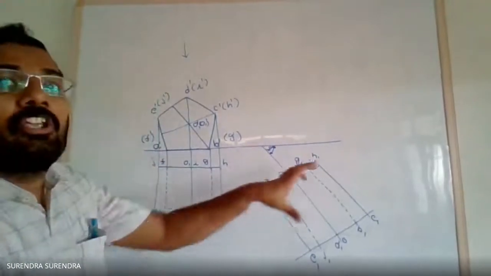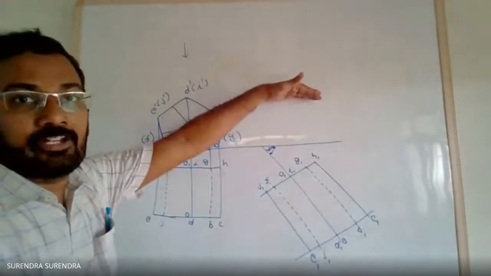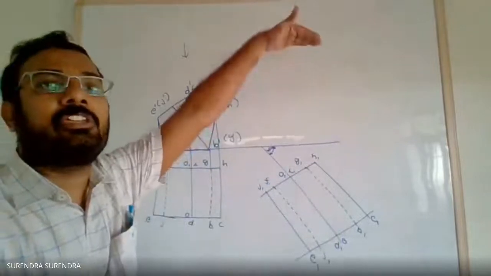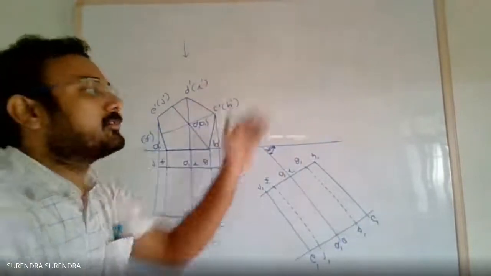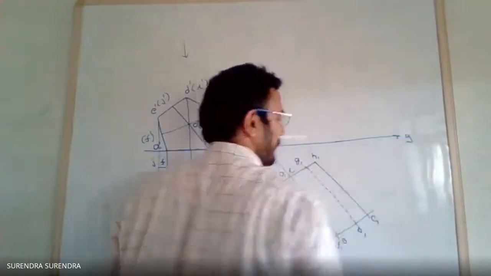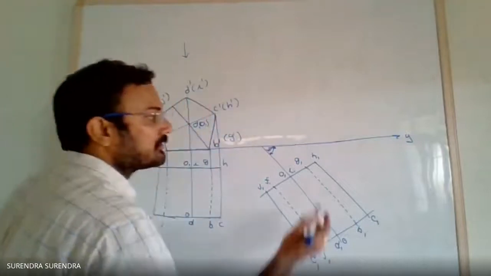Simply redraw this shape. Now for getting the front view, draw the projections from each and every point from the top view.